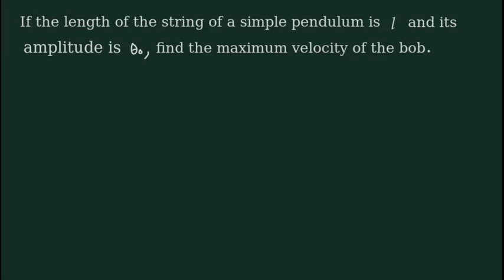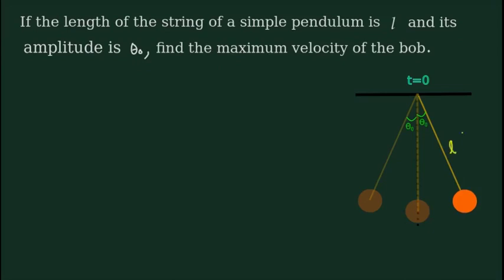Now let's take an example. If the length of the string of a simple pendulum is L and its amplitude is theta naught, then find the maximum velocity of the bob. Now let's draw a diagram for it. The length of the string is L and the amplitude is theta naught.